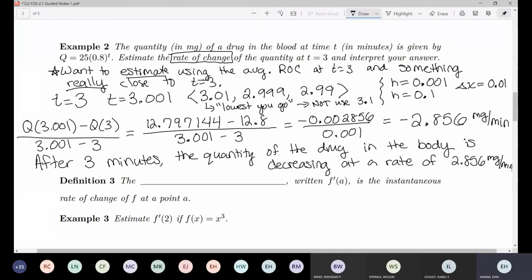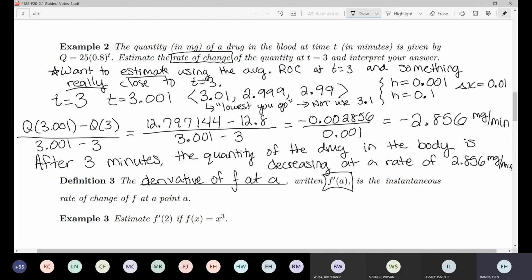This next definition, so the derivative of f at a, really super fancy f for function. The derivative of f at a, which is written like this, is the instantaneous rate of change of f at a point a. So essentially we're now saying we have the instantaneous rate of change.